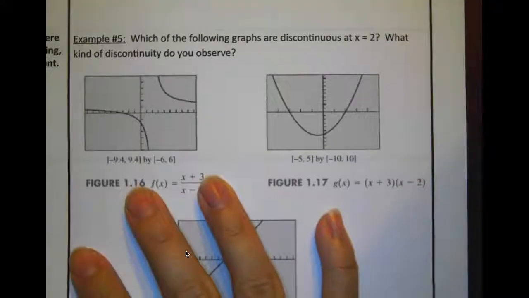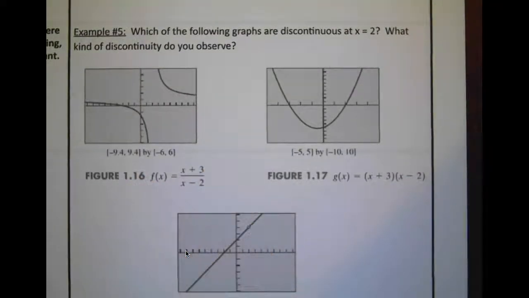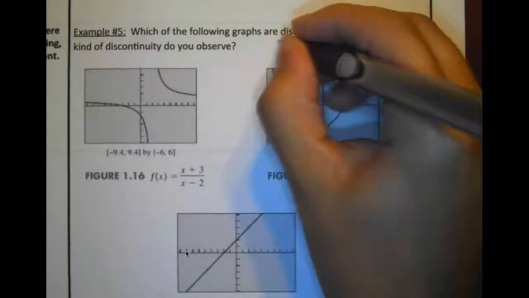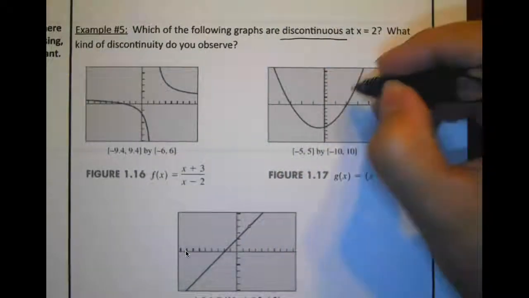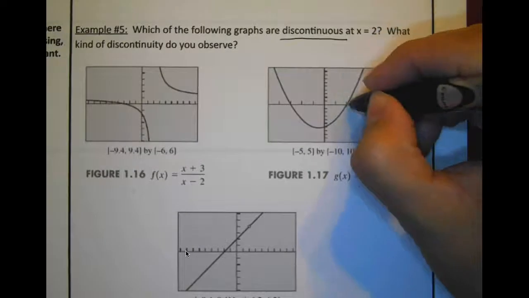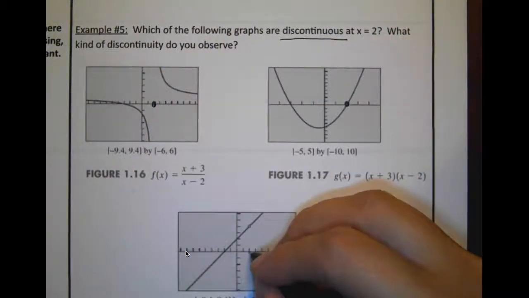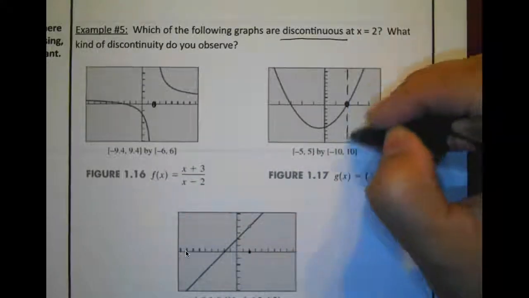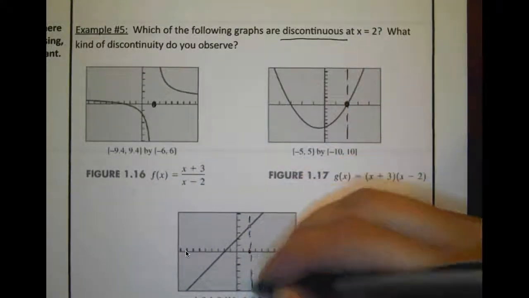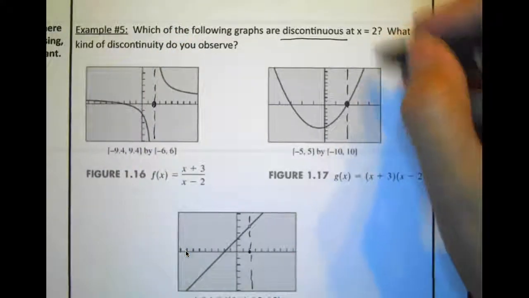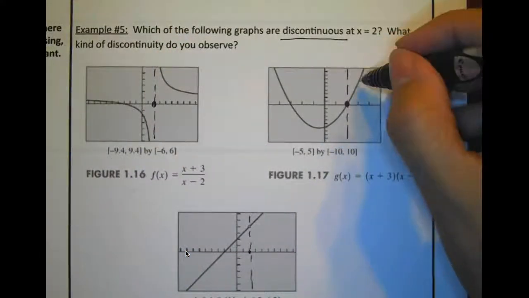All right, example number 5. Which of the following graphs is discontinuous at x equals 2? So we're looking at x equals 2. Here is x equals 2, x equals 2, x equals 2. So we're looking on this dotted line. So which of these graphs is discontinuous? This doesn't appear to be discontinuous, but this one does.